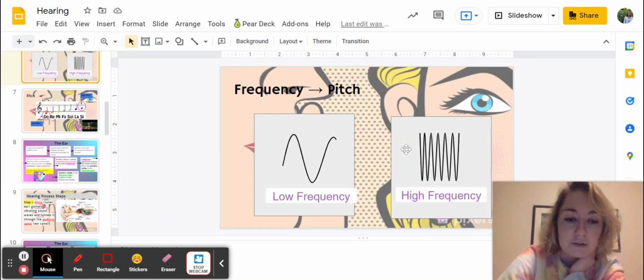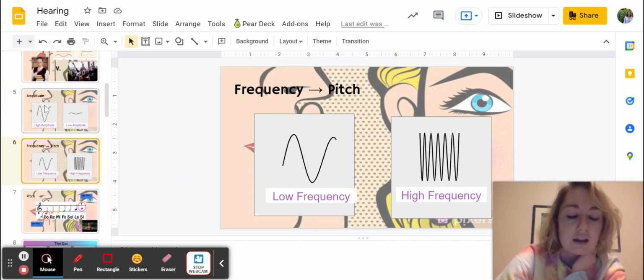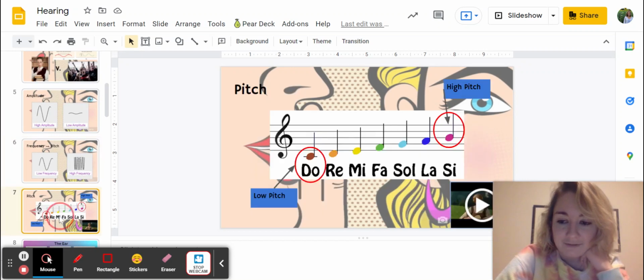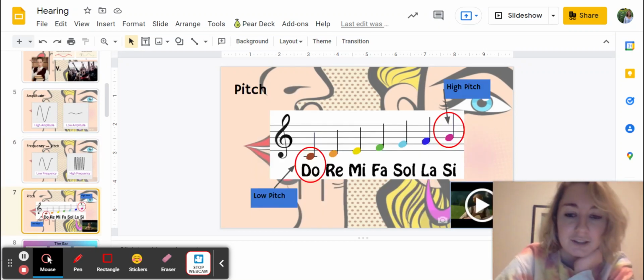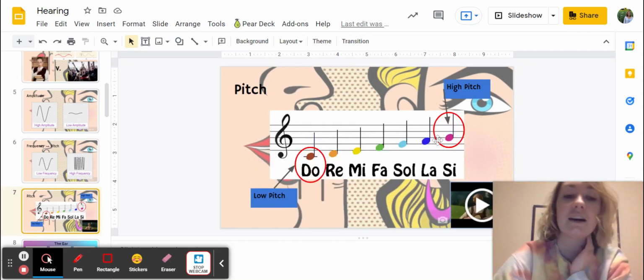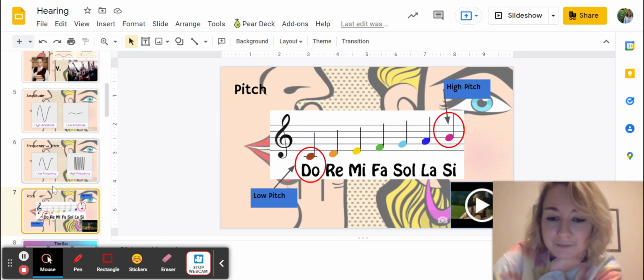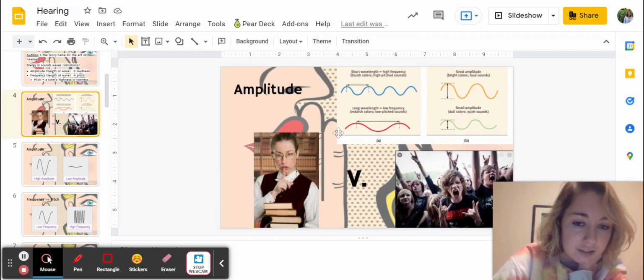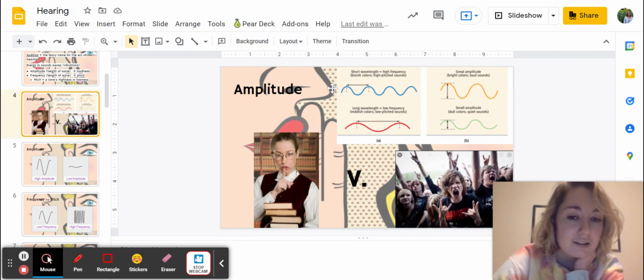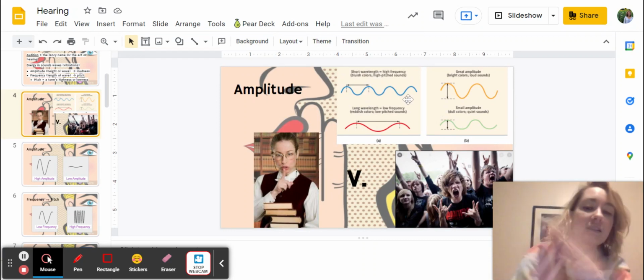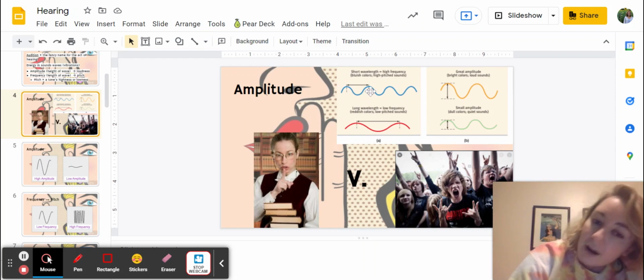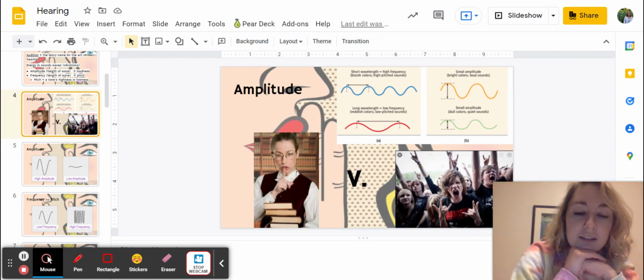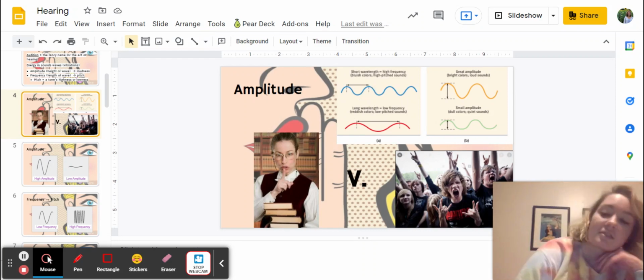If it is high frequency, meaning very close together, then it's going to be high pitch. You can think of your do, re, mi, fa, sol, la, ti, do in terms of pitch there. So you can see it here. Long wavelength, low pitch sounds; high frequency, short wavelength equals high pitch sounds.